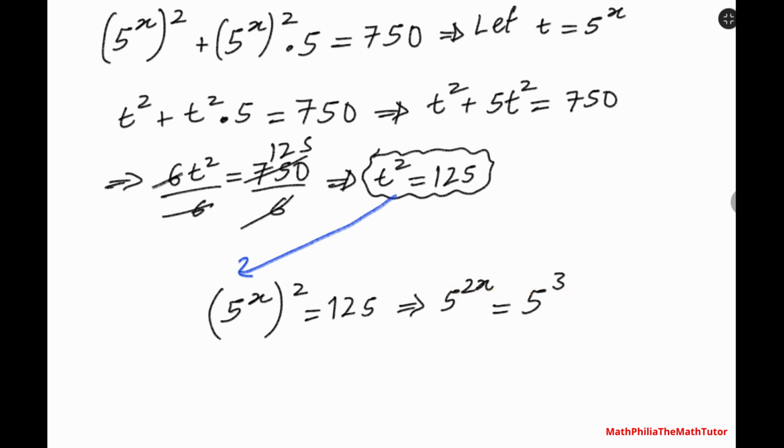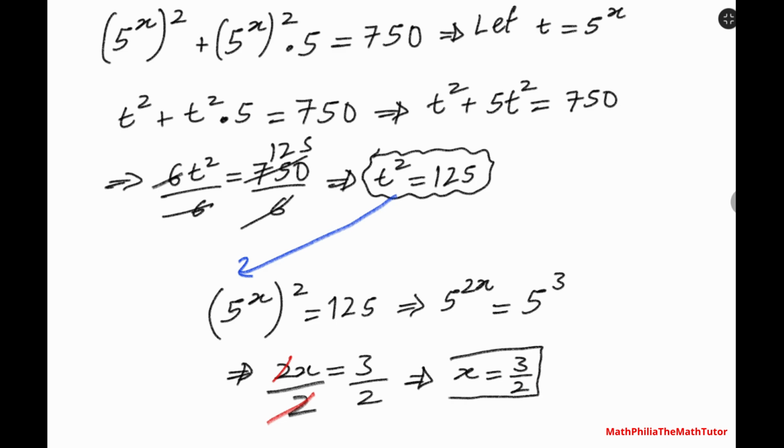Therefore, we can say 2x is equal to 3. Then to leave x on its own, we have to divide both sides by 2. 2 cancels 2, and this gives us x is equal to 3 over 2. And 3 over 2 is the same as 1.5.